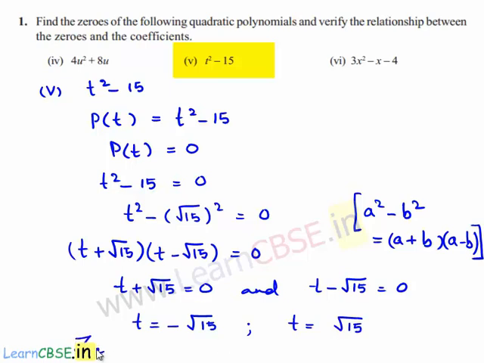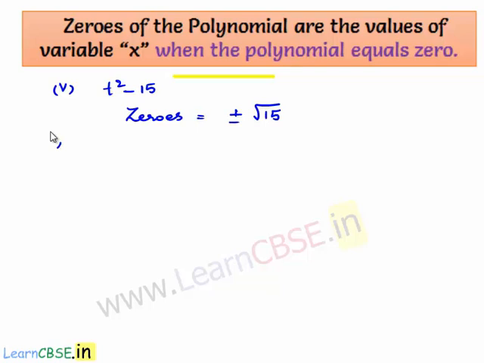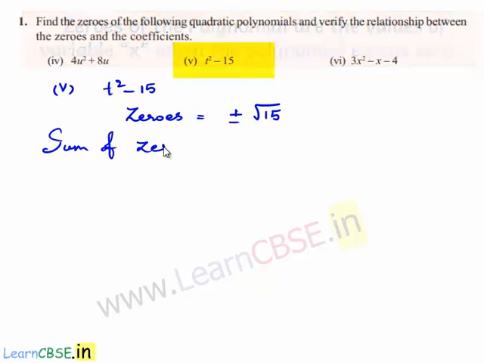Therefore, the zeros of the polynomial are plus or minus root 15. Now, the sum of zeros is equal to plus root 15 minus root 15, which is nothing but 0.